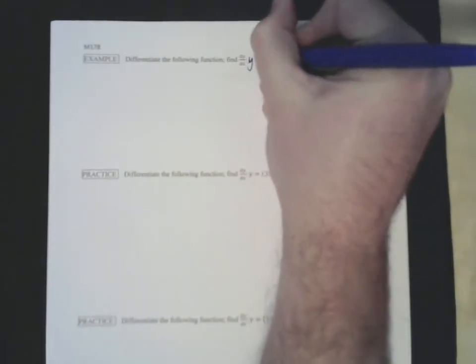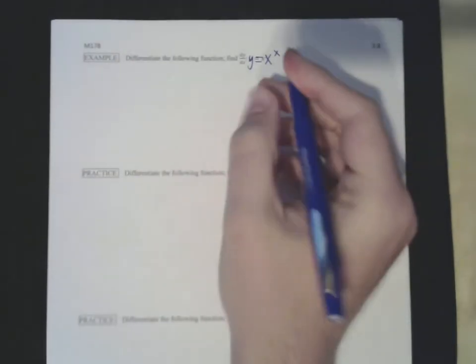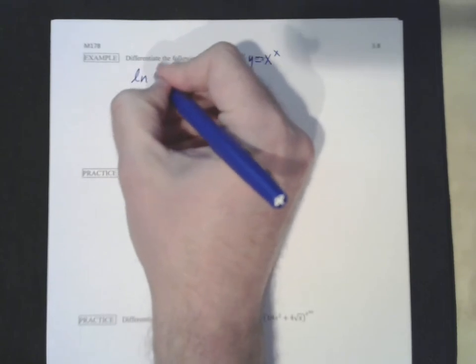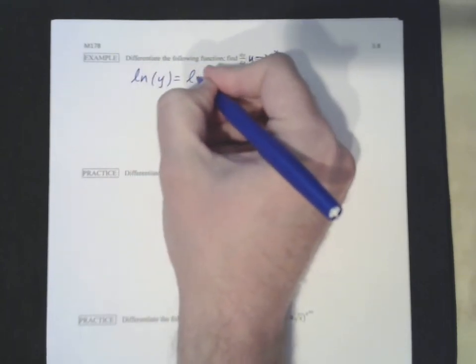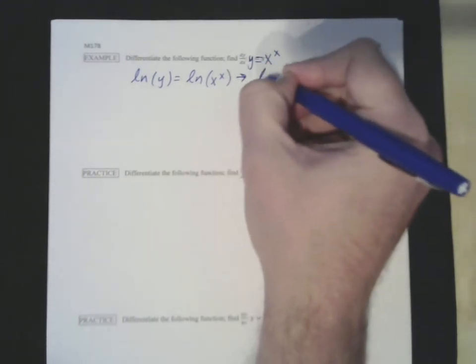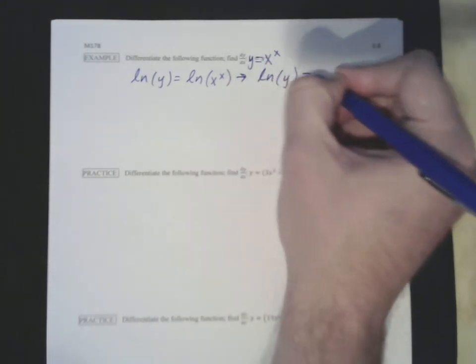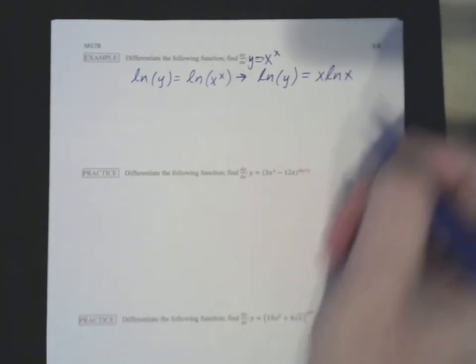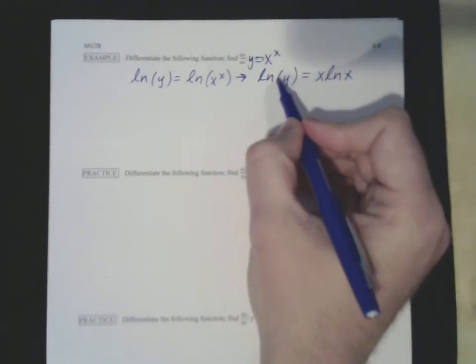So here's the classic function, y equals x to the x. And this is the classic tower. So taking the natural log of both sides, ln of y equals ln of x to the x. We can rewrite this as ln y equals x ln x. Now we take the derivative of both sides.